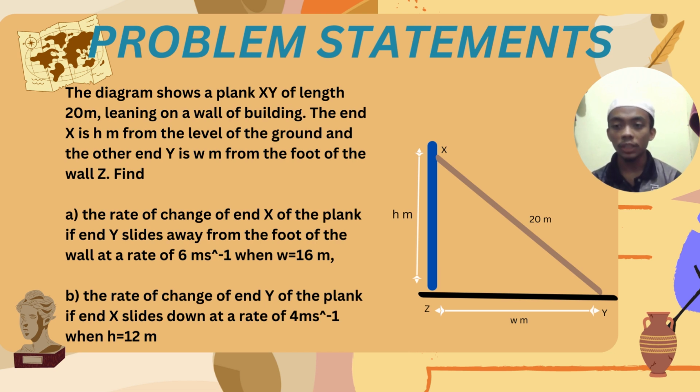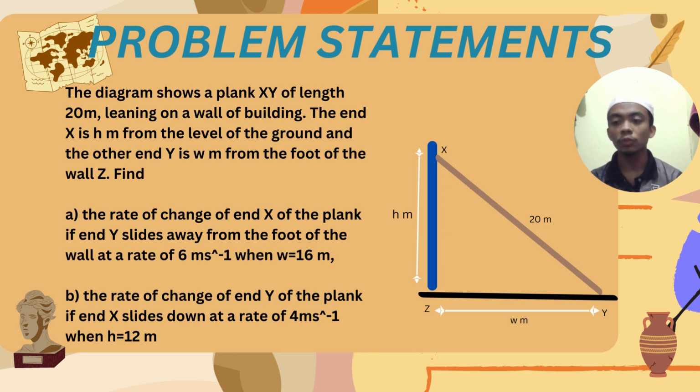The question is, find A, the rate of change of h of the plank if Y slides away from the foot of the wall at a rate of 6 ms^-1 when w equals 6 meters.